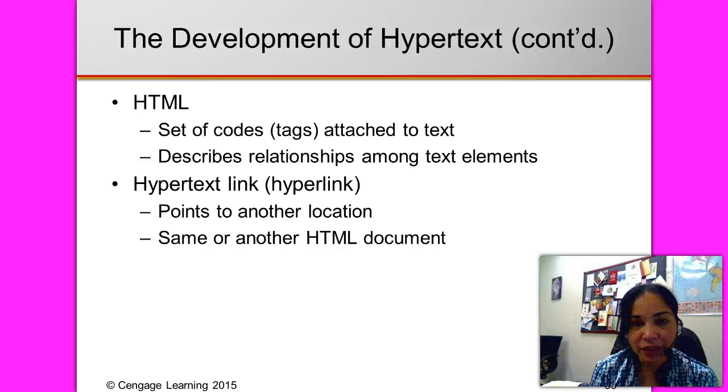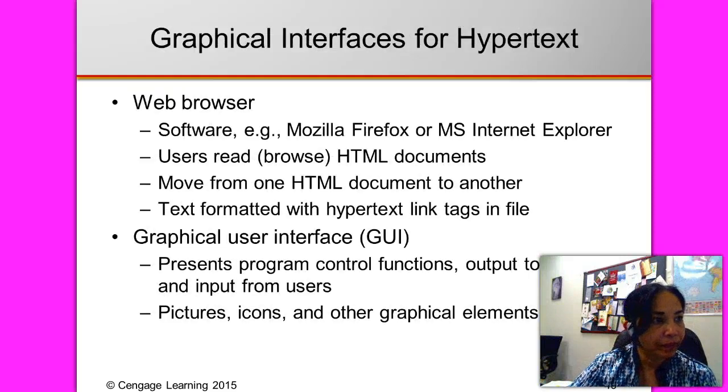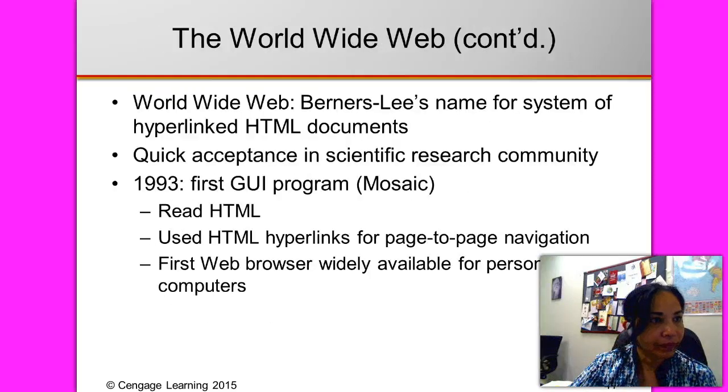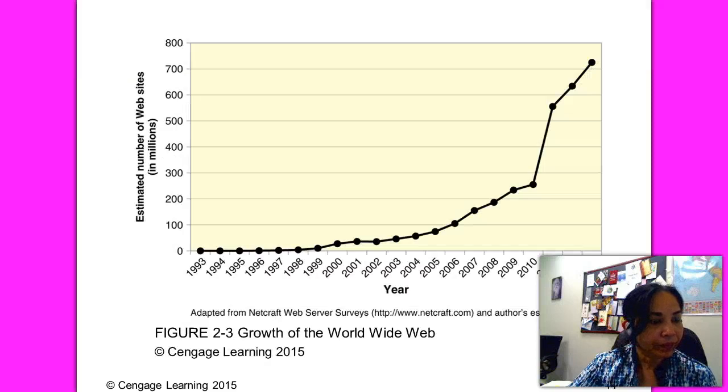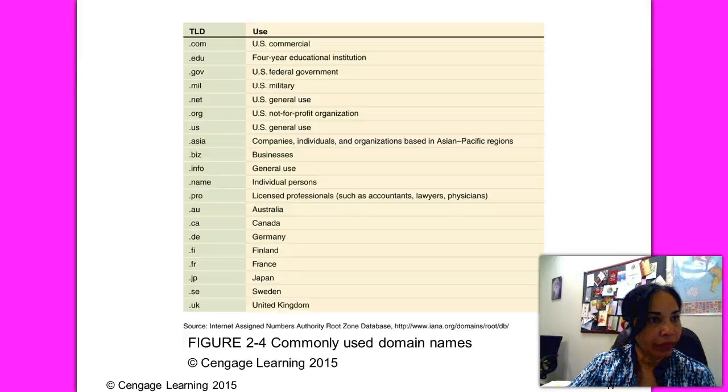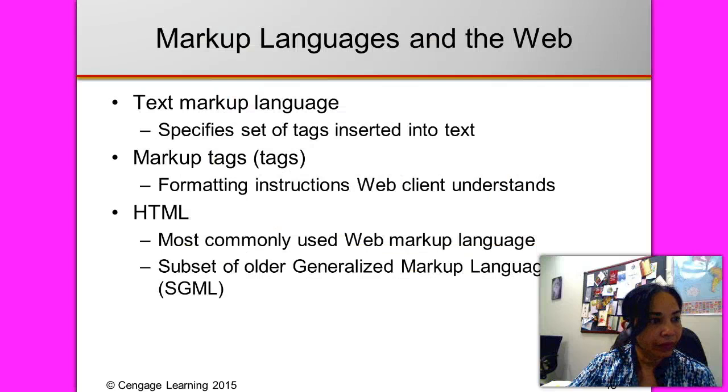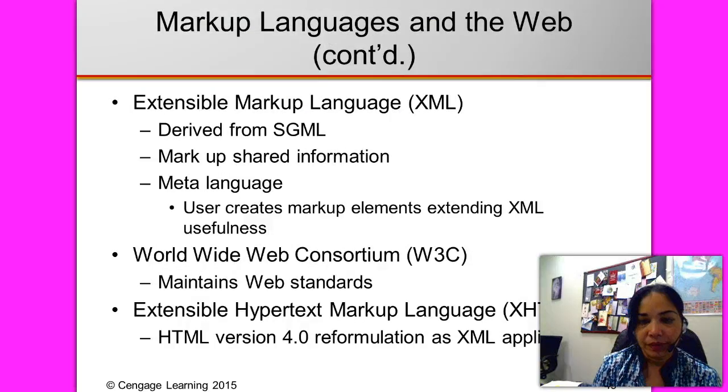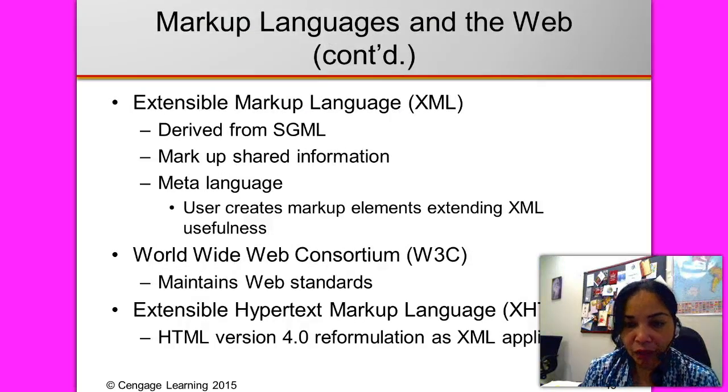Extensible Markup Language XML is also derived from SGML. However, unlike HTML, XML uses markup tags to describe the meaning or semantics of the text rather than its display characteristics.